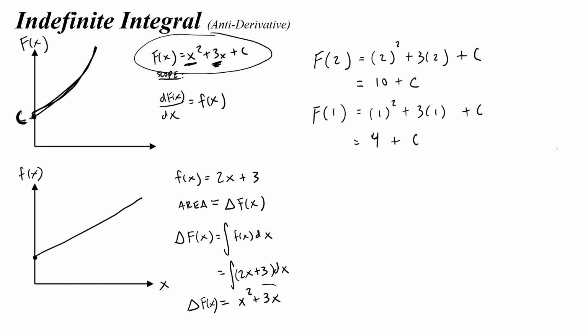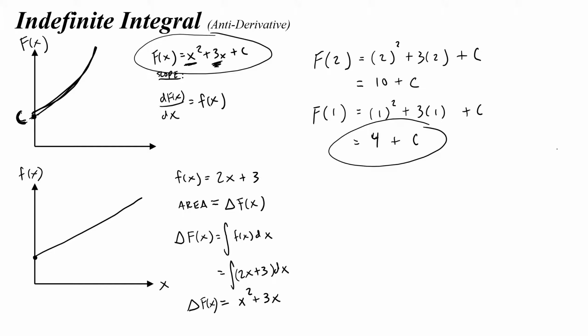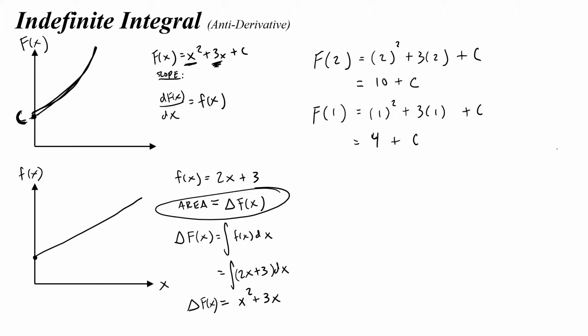We started with 2x plus 3, and we got to x squared plus 3x plus C. We have no way of knowing what C is. Awesome. Well, if I think about what this 10 plus C and the 4 plus C is telling me on my lowercase function f of x, it's telling me the area at those points.